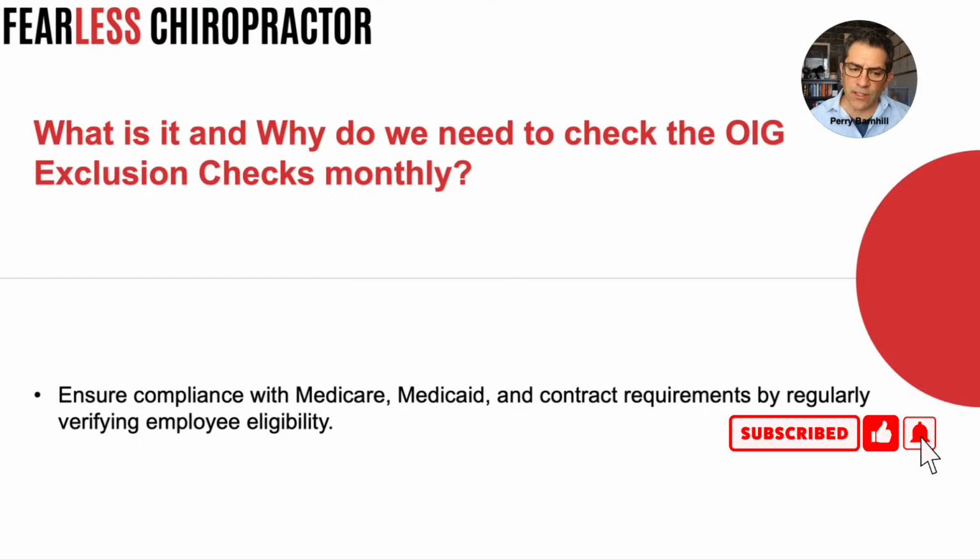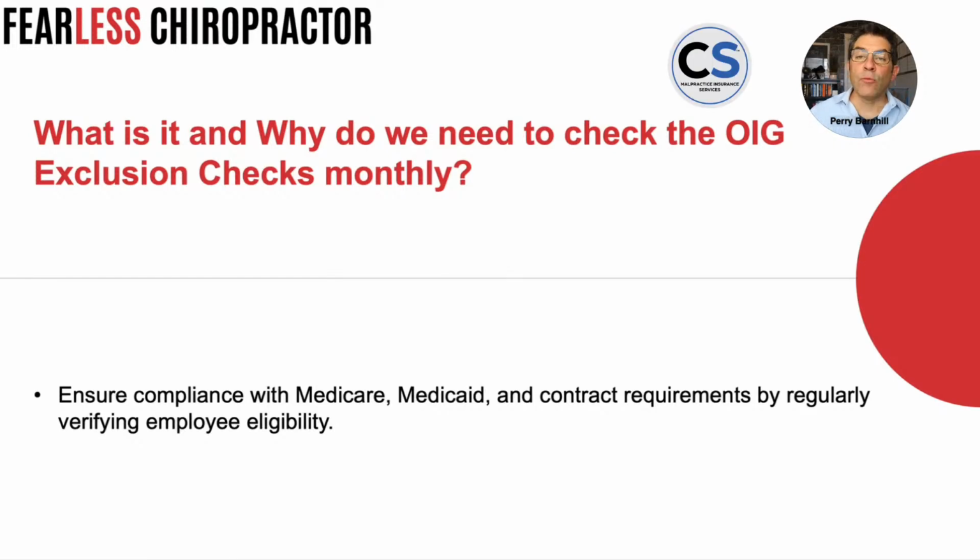It ensures compliance with Medicare, so if you take Medicare, you have to do this. Medicaid, and also contract requirements, by regularly verifying employee eligibility. You may say, oh, but I don't take Medicare, I don't take Medicaid. But if you're in insurance with some of the networks, this can apply as well.